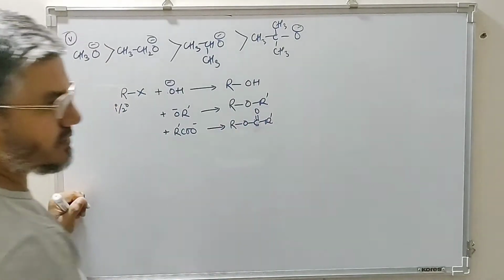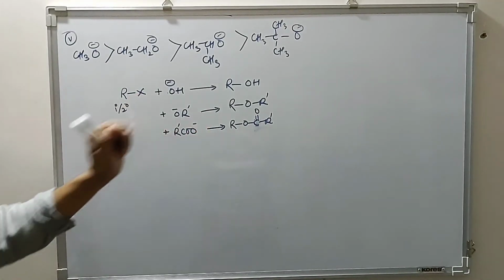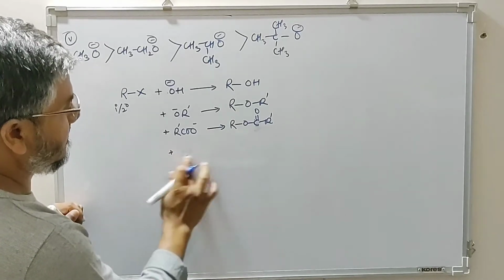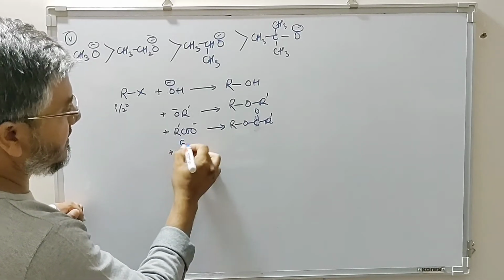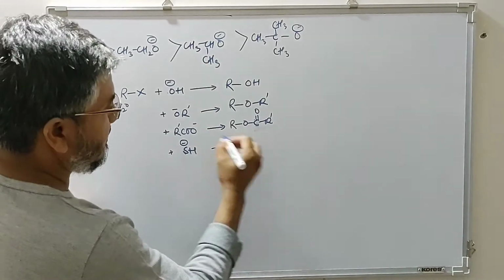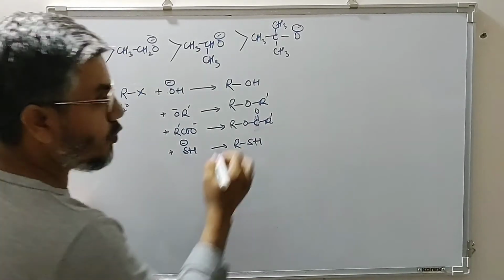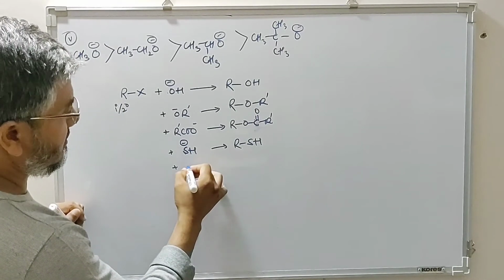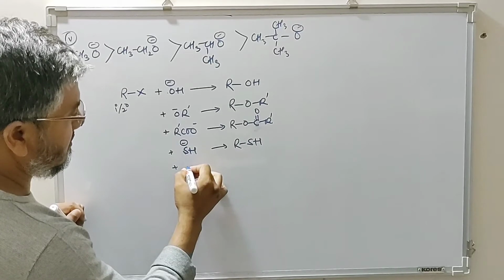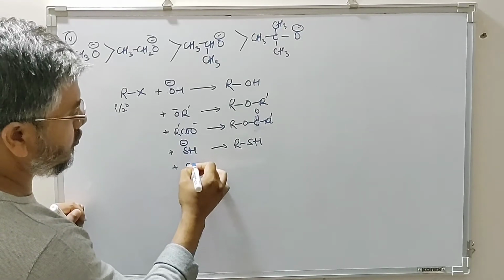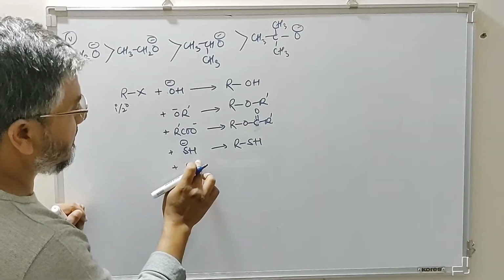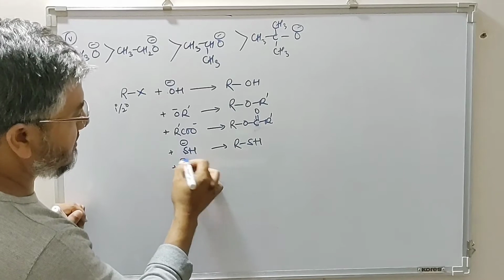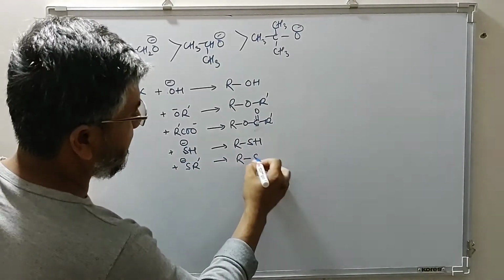So we are getting ester from alkyl halide. If we react with SH minus, thiolate ion, we get RSH, thiol. React with S minus R prime, we get thioether.